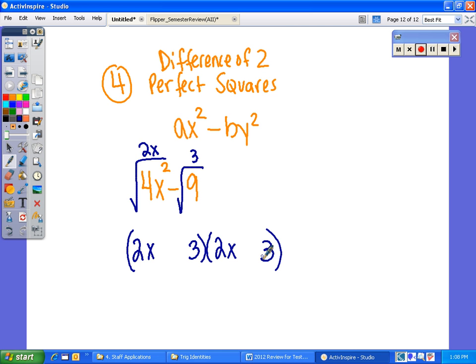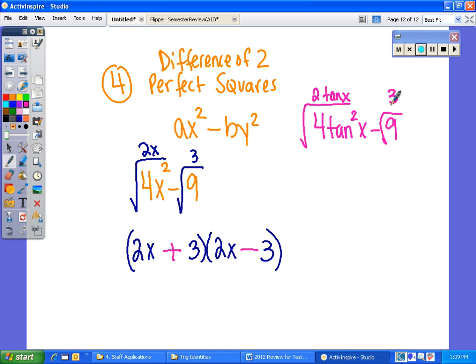So in order to make it a difference, you have to have two different signs in the middle, a plus and a minus. And that's it. That's all you would have to do to factor. So suppose we put a tangent with that. It doesn't change anything that you do. The square root of 4 is 2. The square root of tangent squared is just tangent.